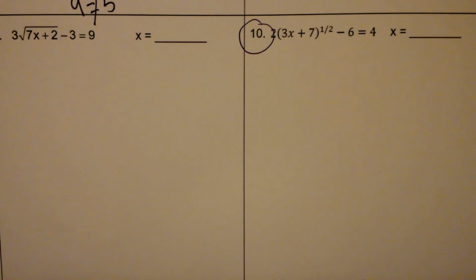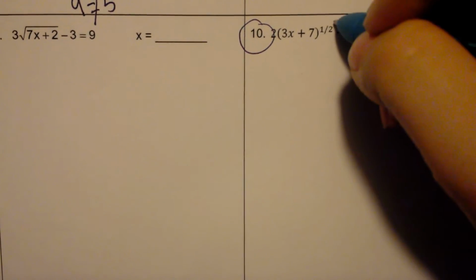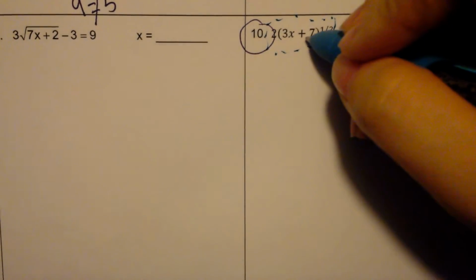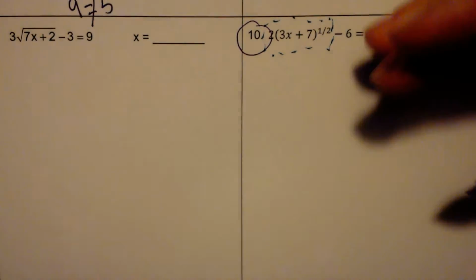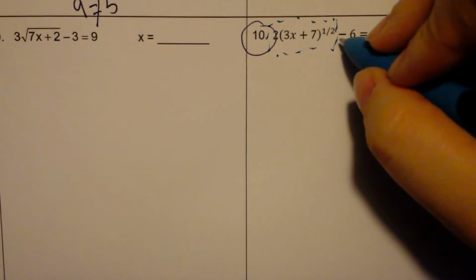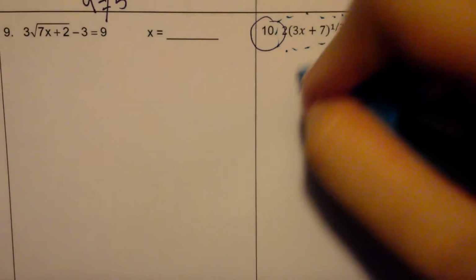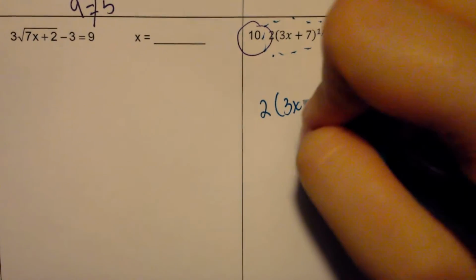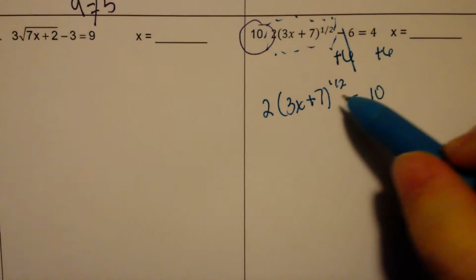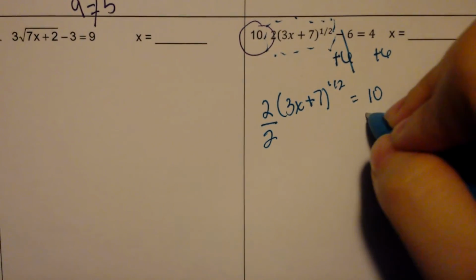Number 10 has a lot going on, but you do not want to deal with this to start. You want to work as far away from x as you can, because you're trying to get to x, but you got to start near the equal sign. So you're subtracting 6, so you're going to add 6. So you can bring that term down. And then you're on the outside of the parentheses, working your way into the parentheses.